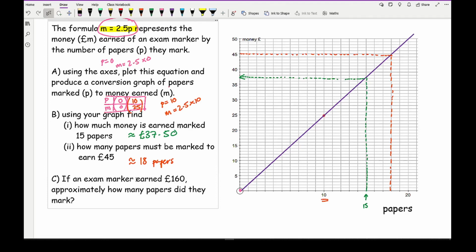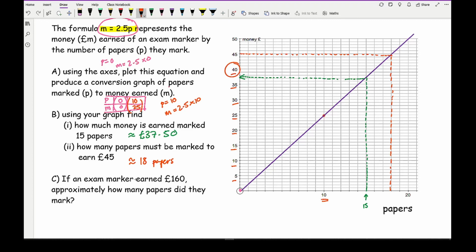Now, for this particular question, it's going to be very difficult for me to work this out. The money that I've earned only goes up to 50. So I need to find one of these numbers along my vertical axis that goes into 160. So I'm going to go for 40.